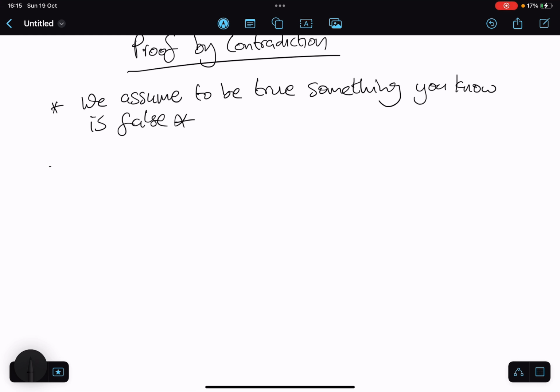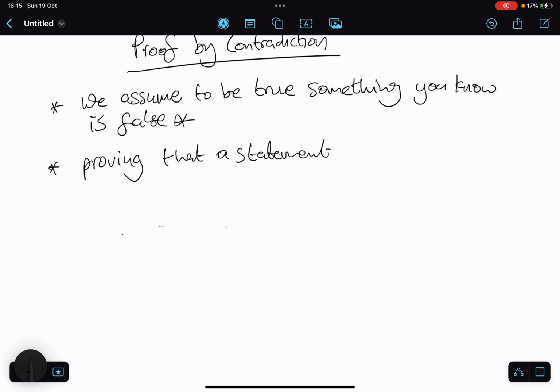So here we are just proving that a statement is true by showing that its opposite leads to a logical contradiction.